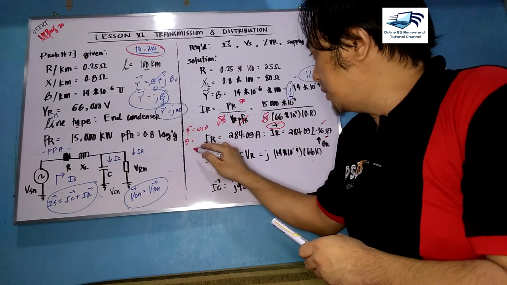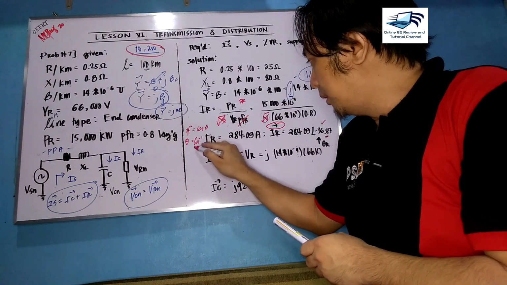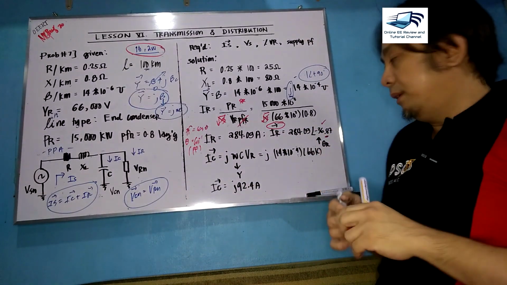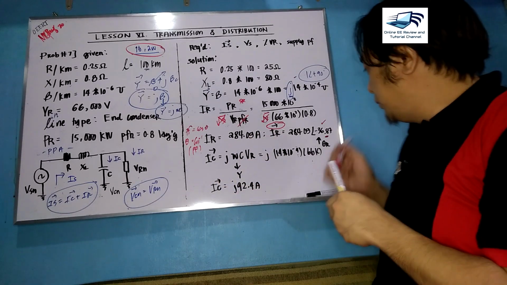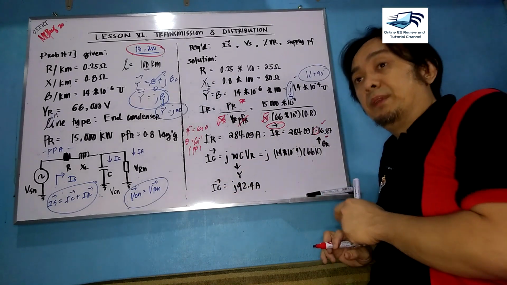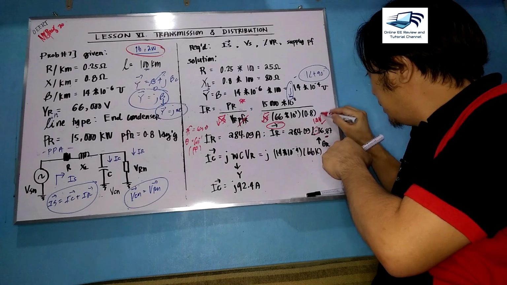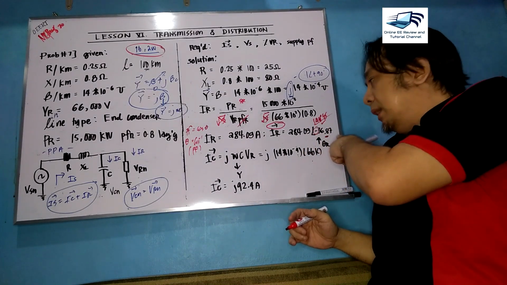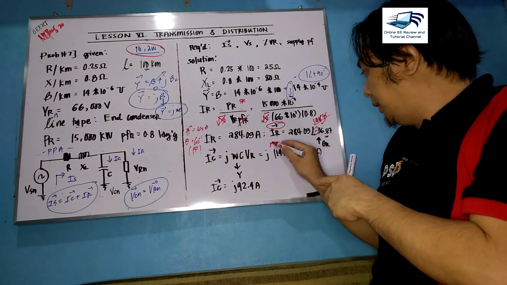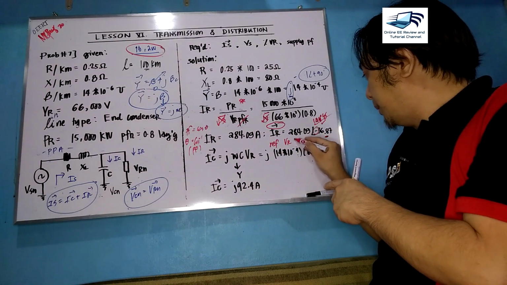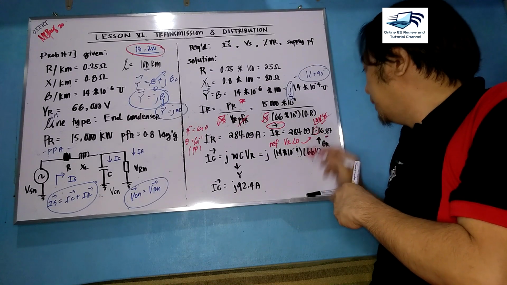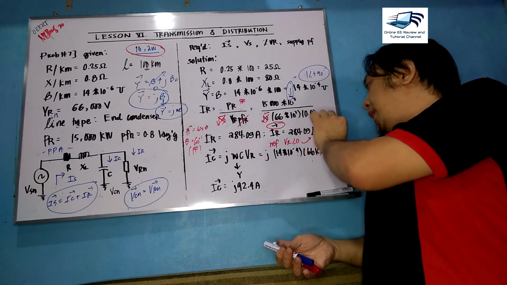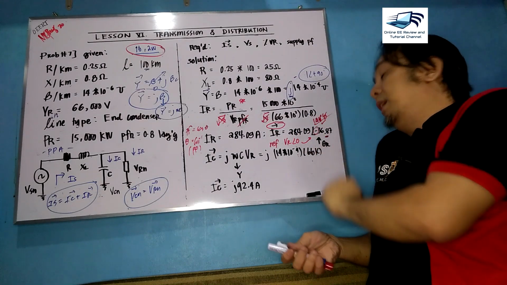In this case, the answer is 36.87, and based from our CIS table, this is negative for a lagging condition. Since this is theta R, the reference definitely is your VR bar 0.